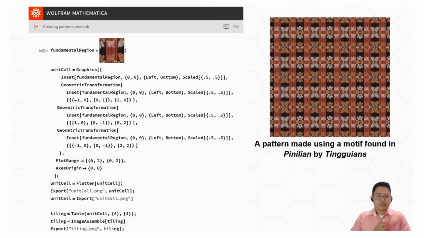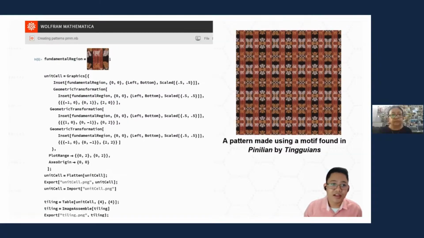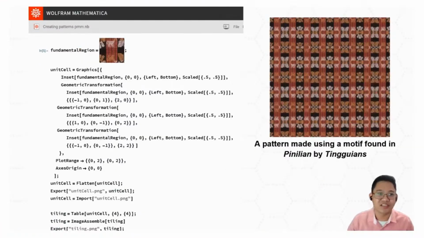Now, I'm not claiming that I'm very expert in everything about Mathematica. In fact, I'm not very familiar with all of the built-in codes in Mathematica.